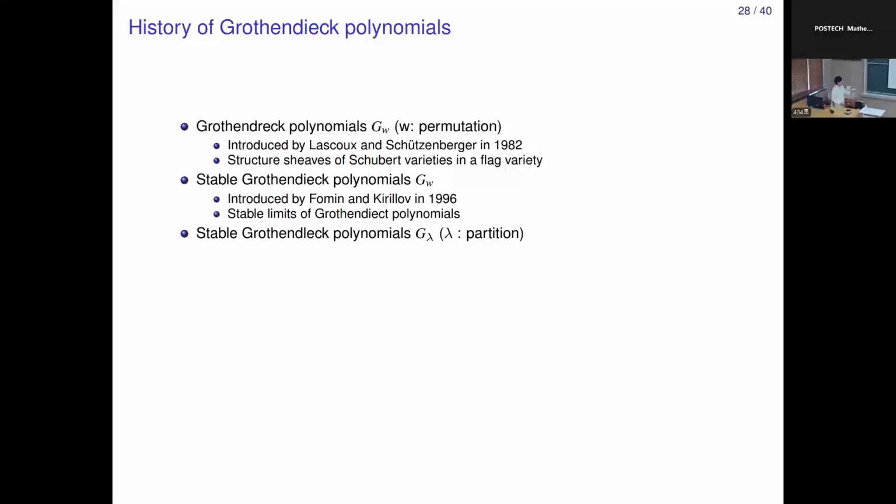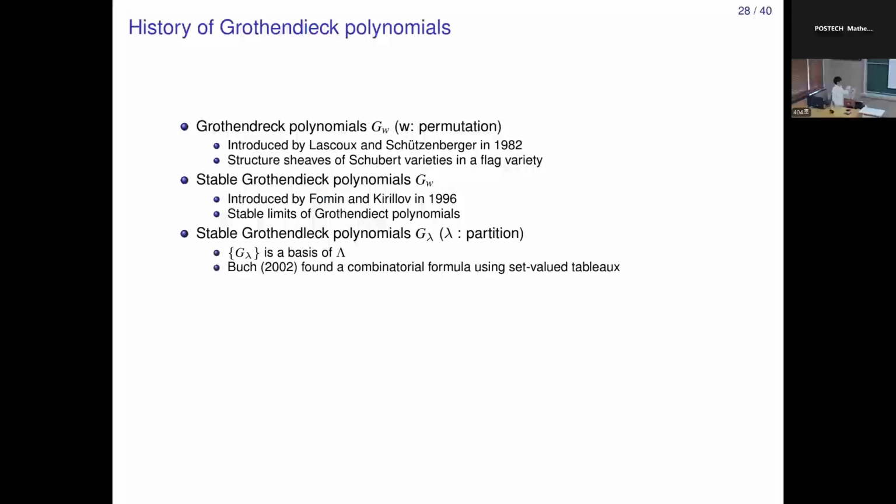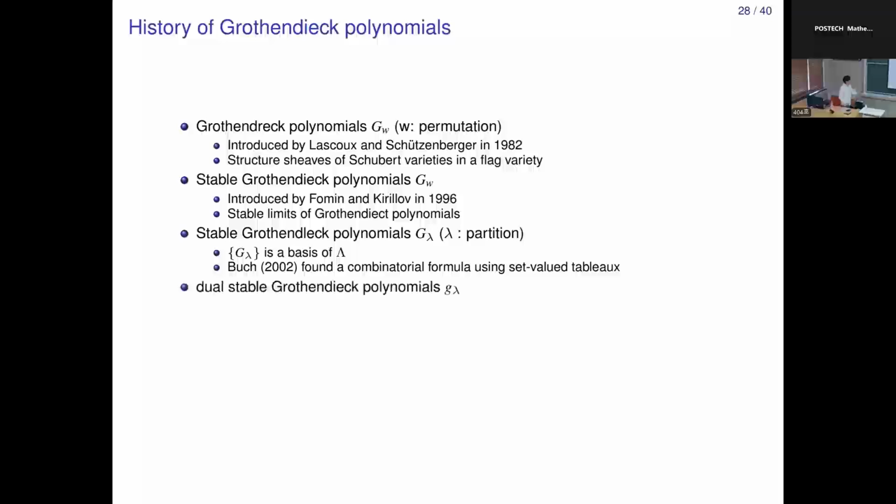And they form a basis of the symmetric function space. And Buch found a combinatorial model for this using something similar to what's called a set-valued tableau, which are similar to SSYT. I'm going to show you what these are.